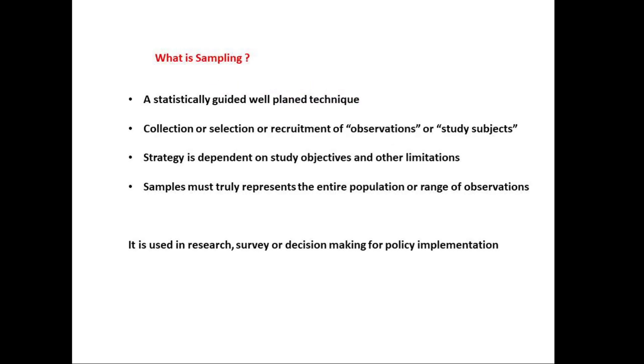We will discuss the basic concepts of sampling. What is sampling? Sampling is a statistically guided, well-planned technique for collection or selection or the recruitment of observations or study subjects.